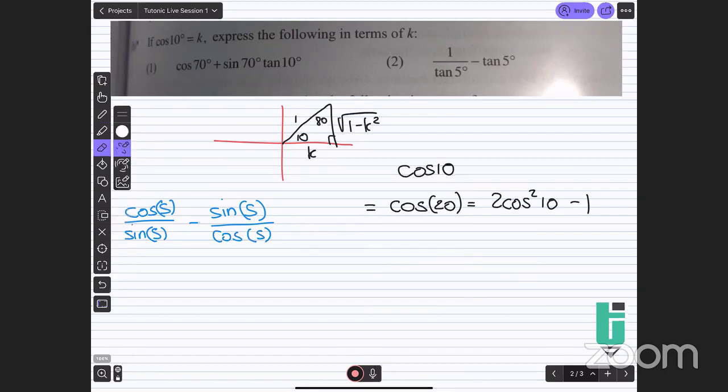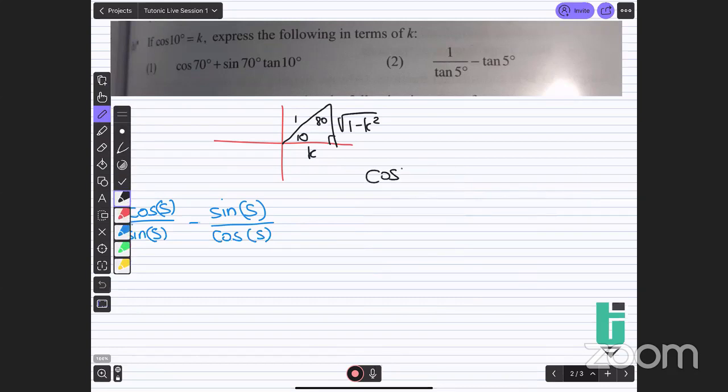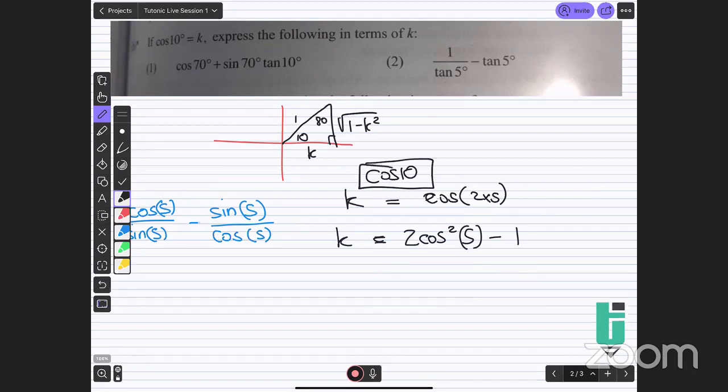Let's change cos. Cos 10 is equal to cos of 2 times 5, which is equal to 2 cos squared 5 minus 1. Do you guys all agree? Yes. And that's equal to k. Isn't cos 10 k? Yeah.